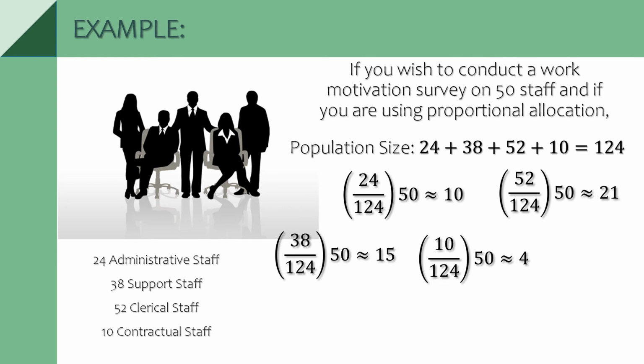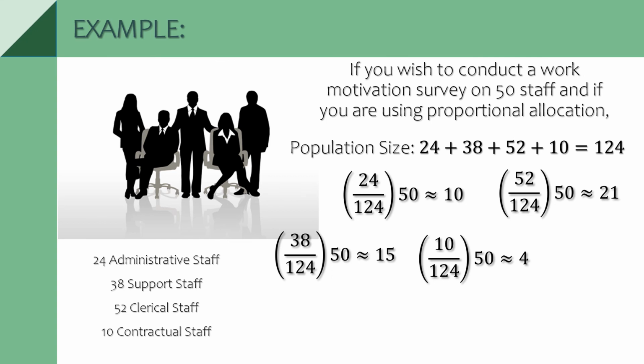Okay, so try nating i-add tong lahat. So 10 plus 15, so 25. Okay, plus 21, that is 46, plus 4 is 50. So, kompleto tayo. If in case naman na sumobra sa 50 yung nakuha nating sample size, magbabawas tayo sa pinakamadami.